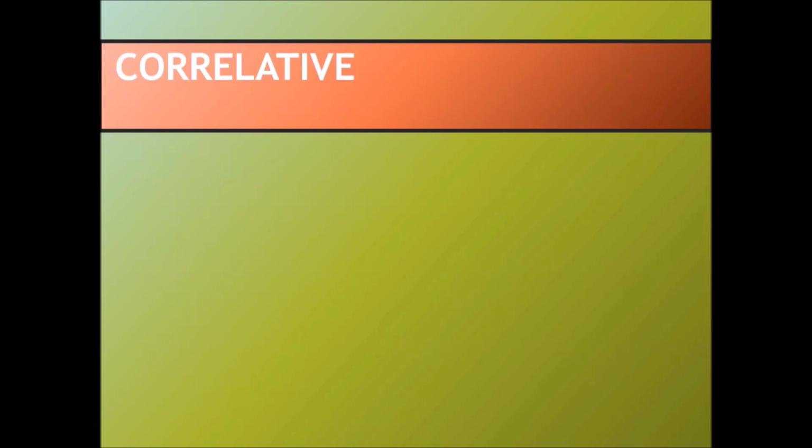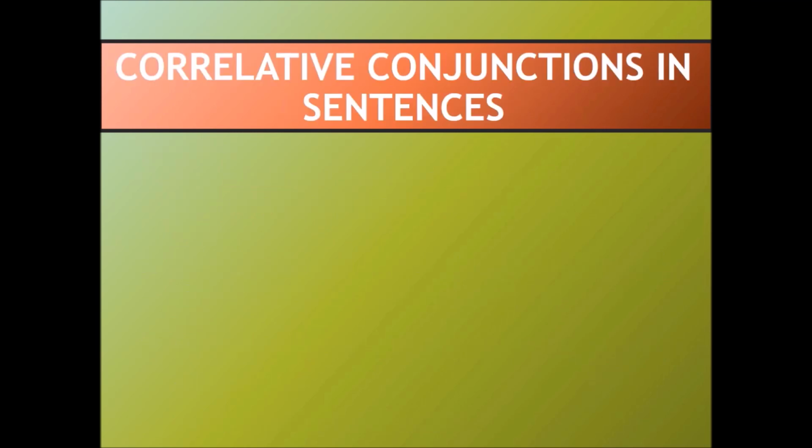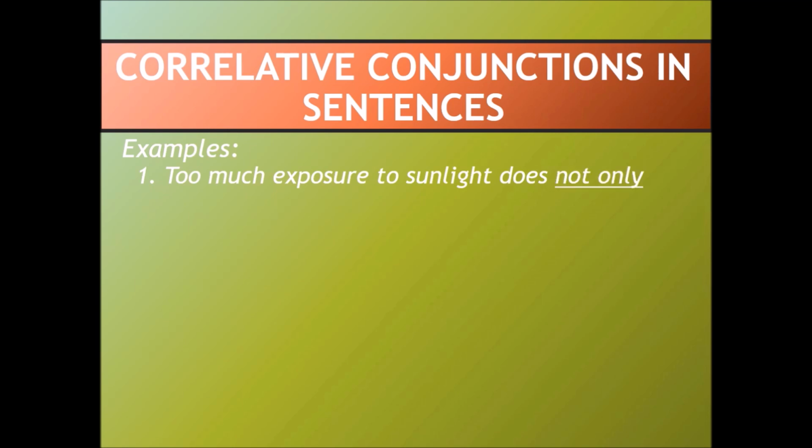Now let's go to correlative conjunctions in sentences. Examples. The first one is too much exposure to sunlight does not only damage your skin, but also develops to cancer. So they are correlative in the sense that they are used in pair.